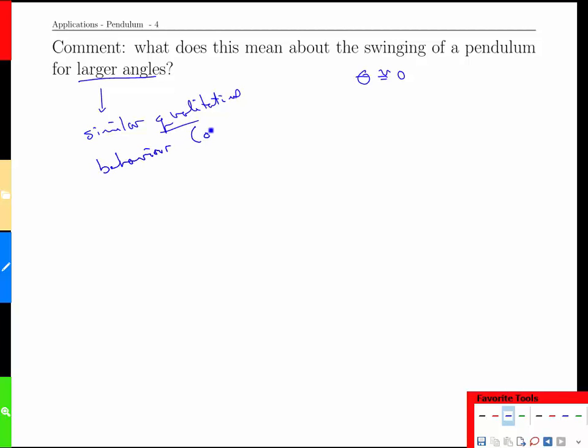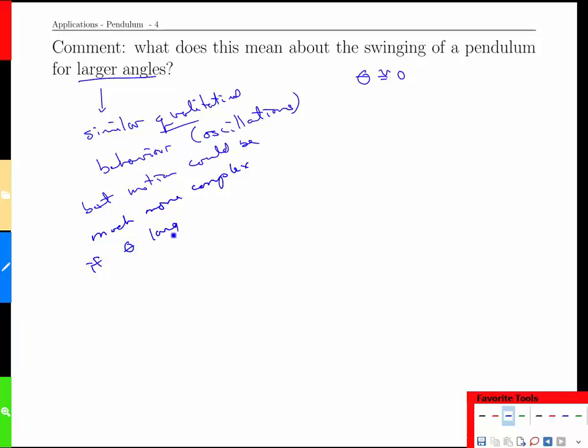Not a huge shock. What we basically mean there is that we expect to see oscillations. But it could be the swings, the motion could be much more complex if theta is large.